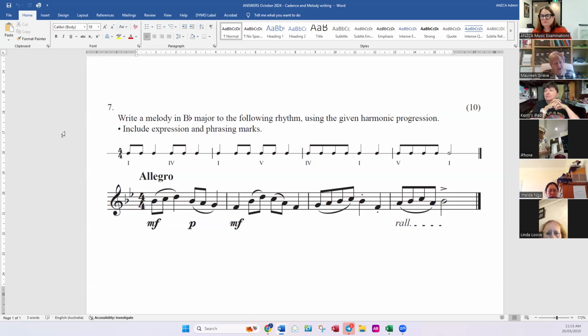Yes, they are the highest notes in the melody, but in this case it's acceptable because it's not a note that suddenly goes much higher. It's moving by step. So that to me is acceptable.